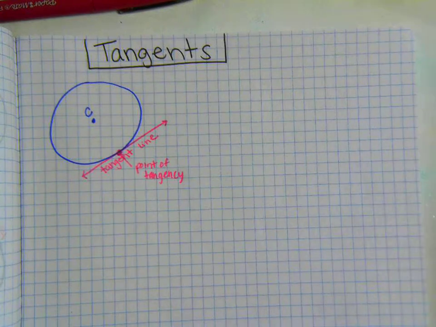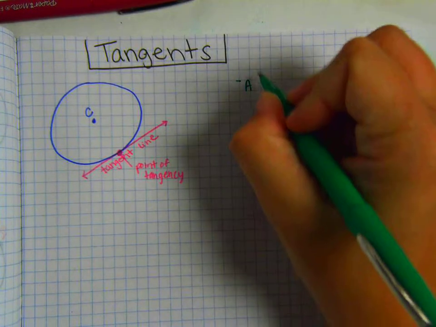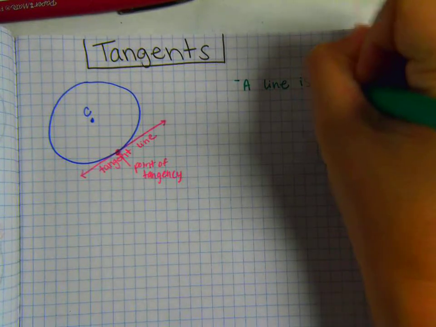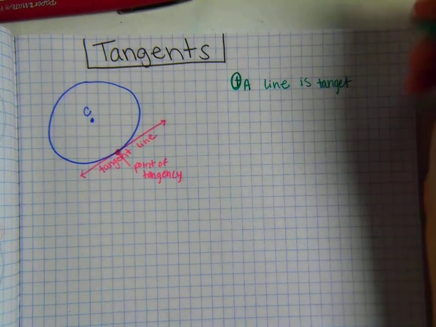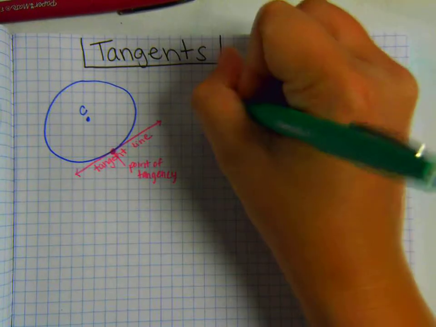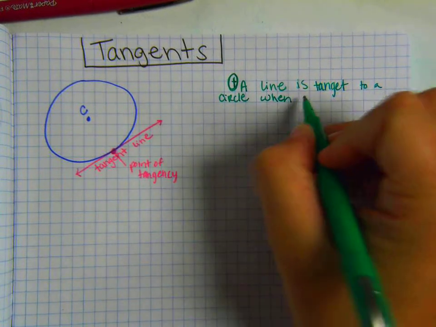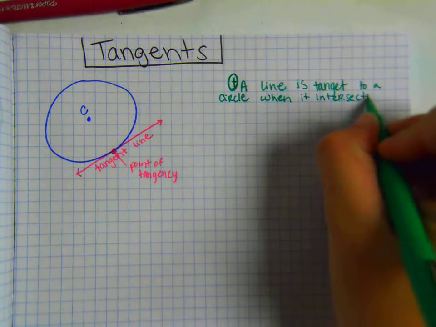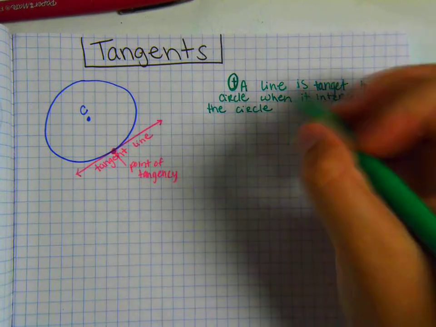Now, when you have a tangent line, there's some specific rules that go along. So first off, the first thing is a line is tangent to a circle when it intersects the circle in exactly one point.